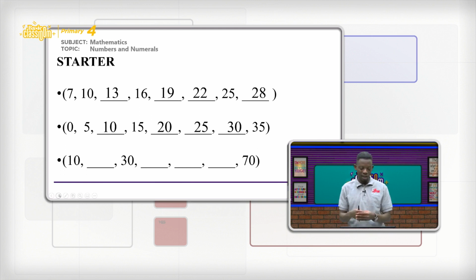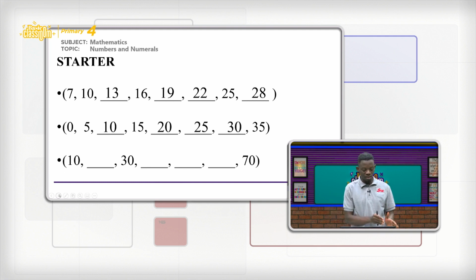Good. So we have 10, then we have a missing number, then we have 30 through up to 70. So here, what are the missing numbers? Clearly, when you look at the text over there, you see that it is a skip counting of 10.